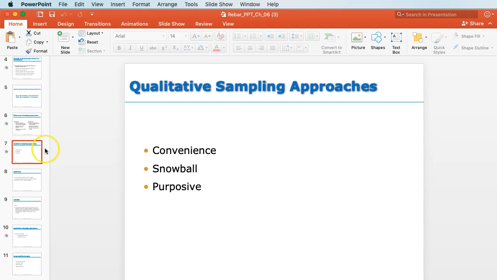We then have, when we talk about qualitative sampling, convenience sampling, snowball, or purposive. Convenience is those are the people we have in front of us. That's true whether it's qualitative or quantitative. Snowball is when we want to talk to critical care nurses.